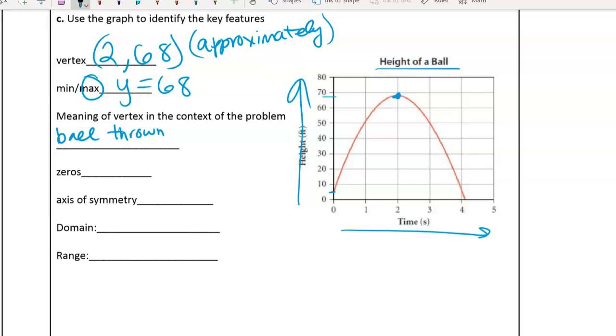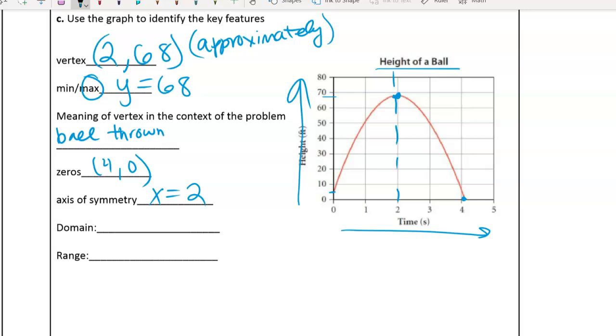For the zeros, we have nothing from the left because he didn't start from the ground, but we do have one zero over here at, let's just guess, about (4, 0). Then we have an axis of symmetry, which is basically our mirror going through x equals 2.